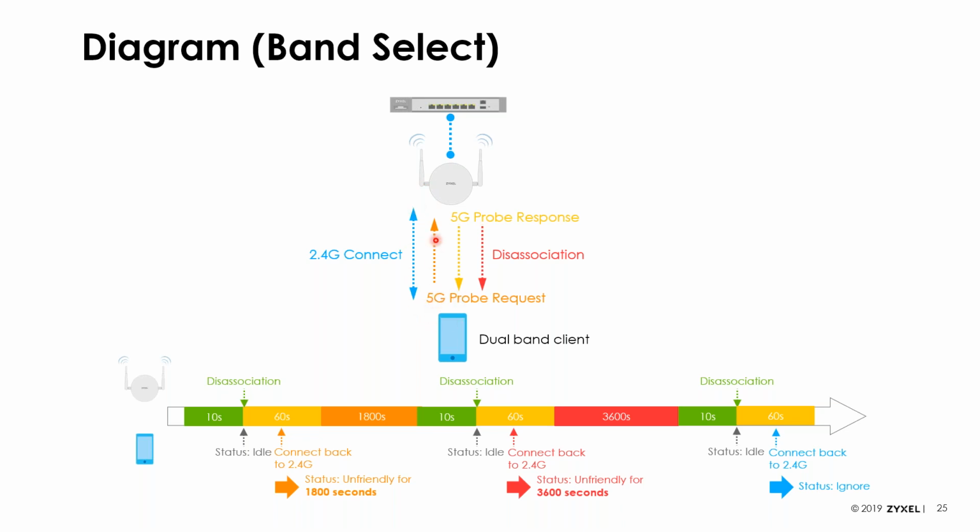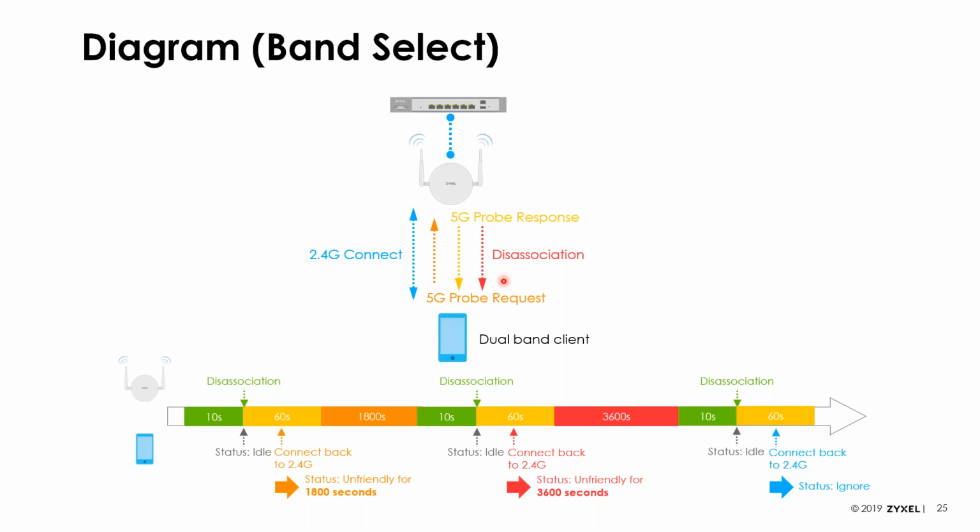And then it sends a 5 gigahertz probe request to the AP, asking whether the AP is capable of handling a 5 gigahertz frequency. Does it have a 5 gigahertz radio? The AP responds with a 5 gigahertz probe response, meaning yes, I do have a 5 gigahertz frequency available, and then disassociates the client for the client to connect back on 5 gigahertz.